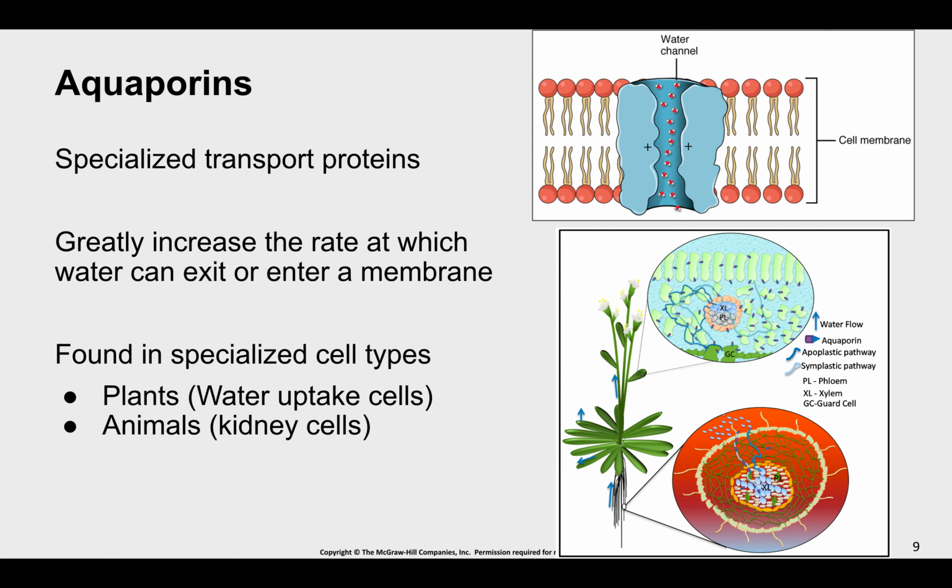I did want to point out, I said water does not need a transport protein to move. It doesn't need it, no, but it can use one. There is a very specific protein called an aquaporin that is specific for moving water molecules. This protein is essential in a lot of different cells because it makes the rate of water movement faster.